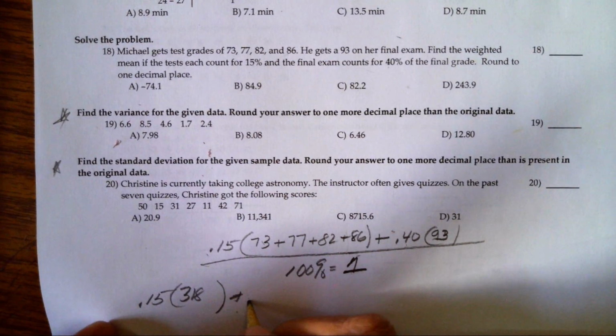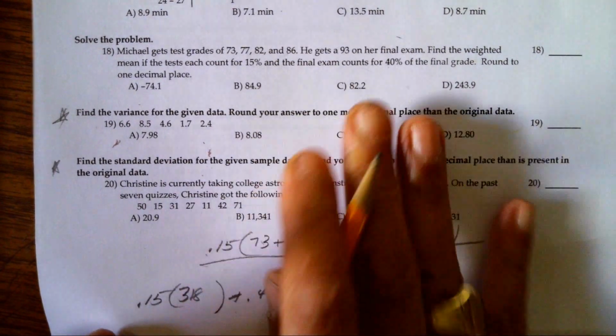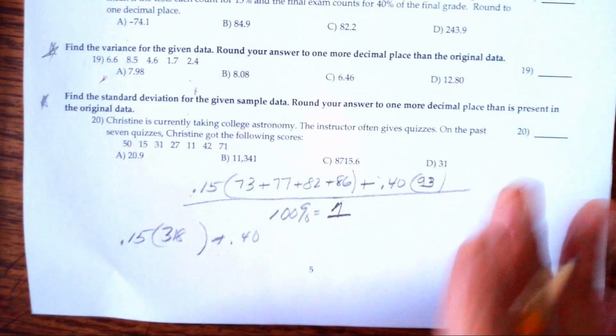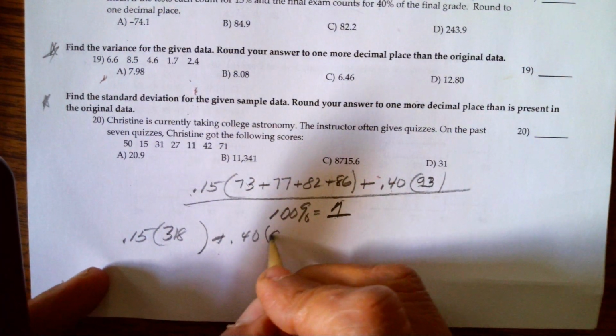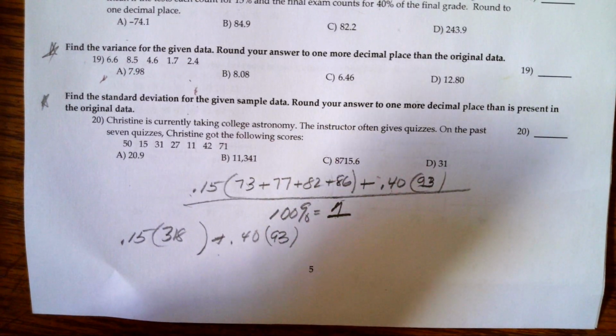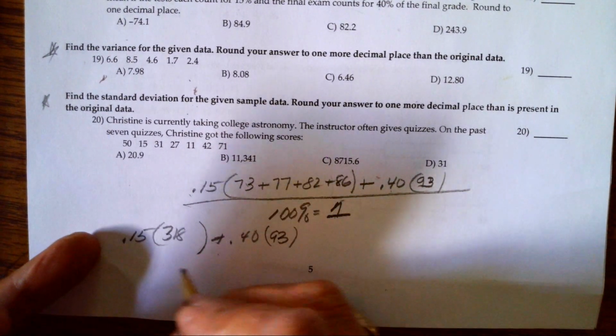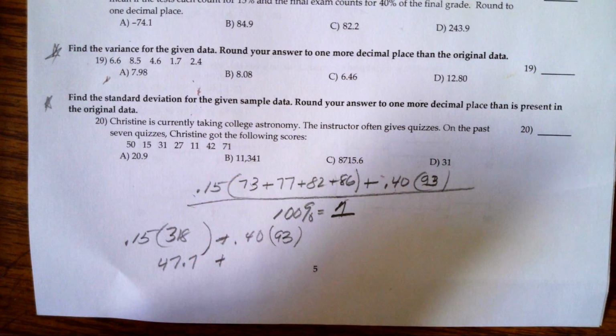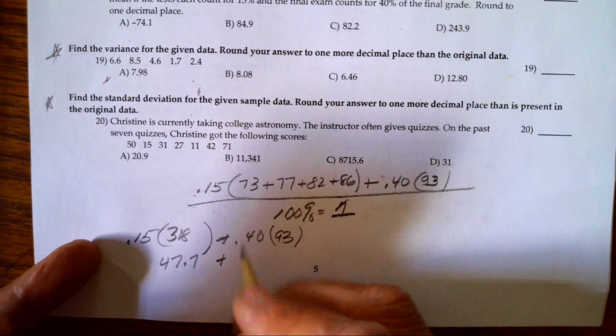Plus 0.40 times the 93. So 0.15 times that gives me a 47.7, added with 0.40 times a 93, which gives me a 37.2.